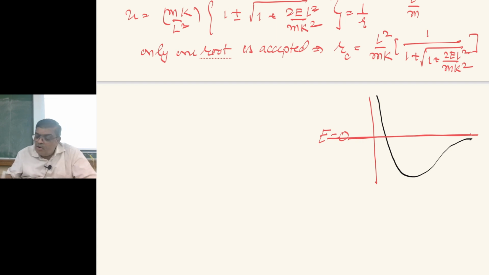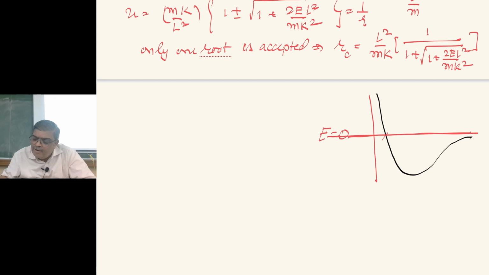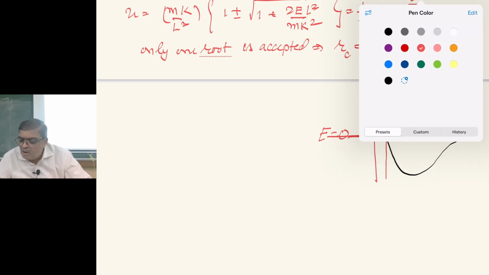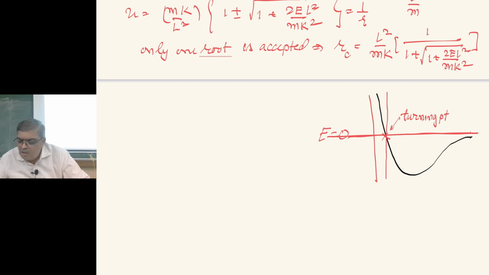Well, so I'm going to have again one turning point. So this is going to be my turning point. And I'm going to have a forbidden region. Okay, and let me choose a different color here. Okay, so this is the forbidden region.